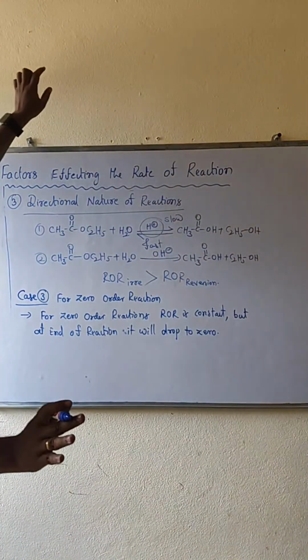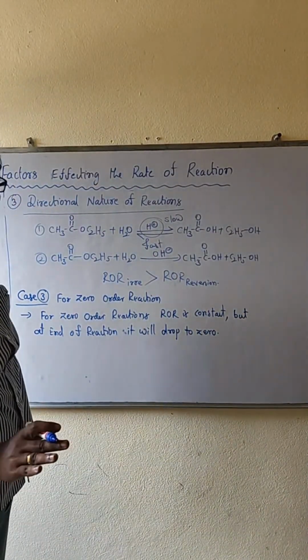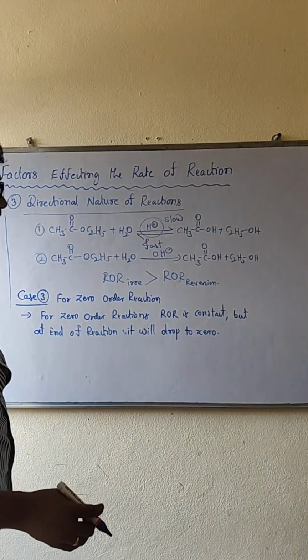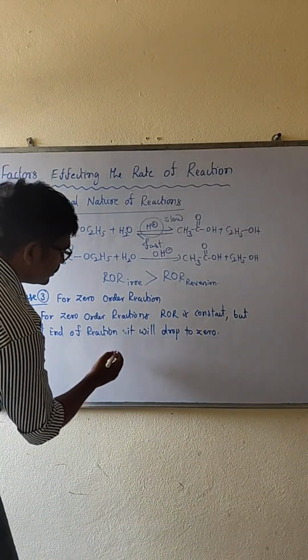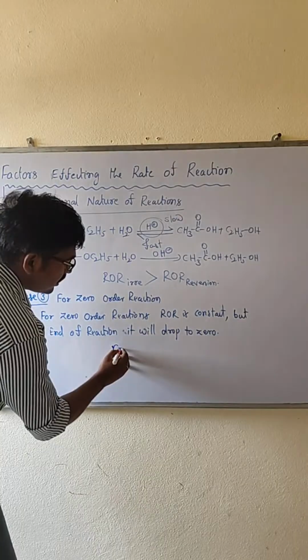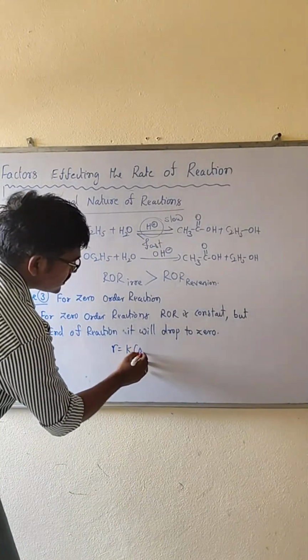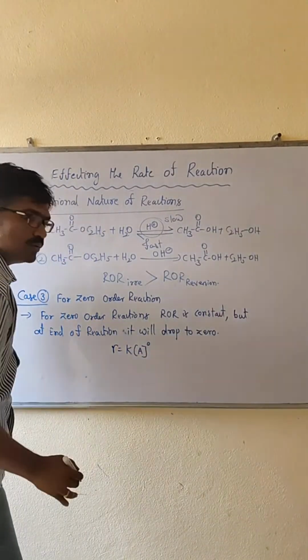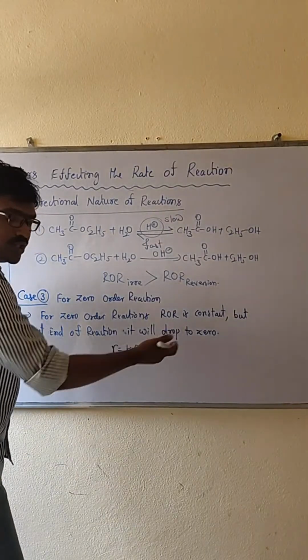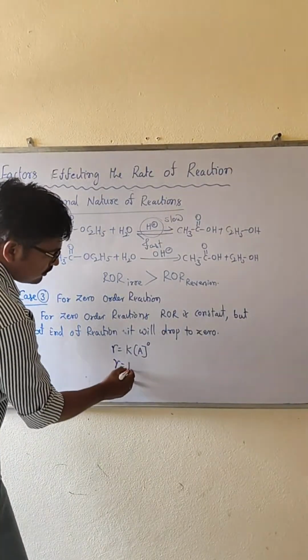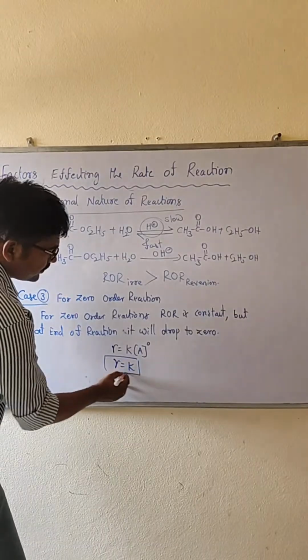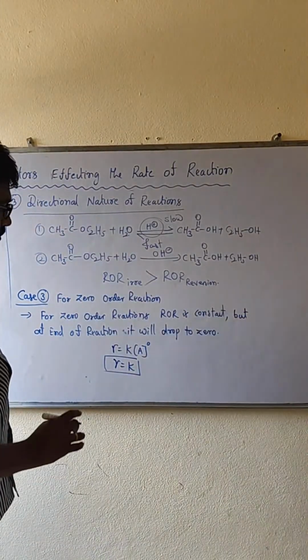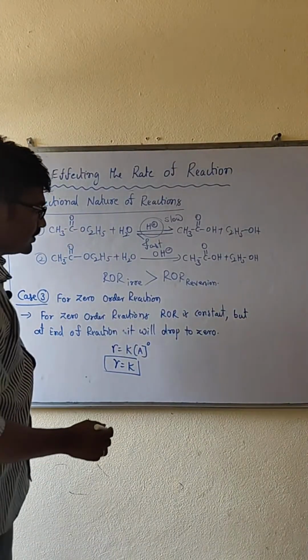Why does it not depend upon the concentration? Because it is a zero order reaction. So R equals K into the concentration of A to the power 0. Once A power is 0, the rate of reaction equals a constant.